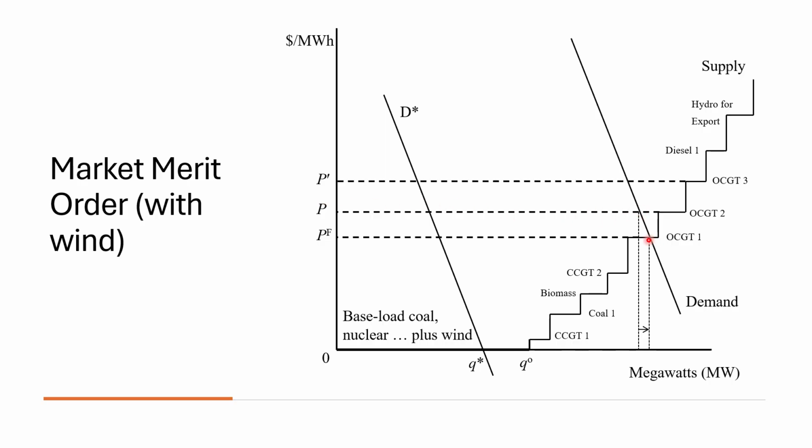So by going to the open cycle gas turbine 1, you would actually increase the amount of electricity that's being used. Notice up here that we have hydro for export is extremely high on the merit order, and a diesel generator is also high because it is expensive to operate.